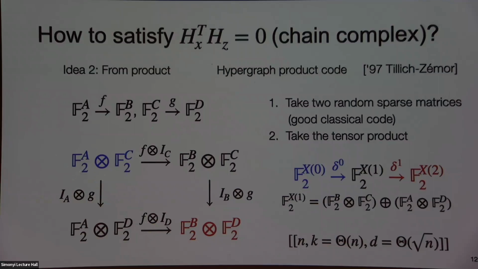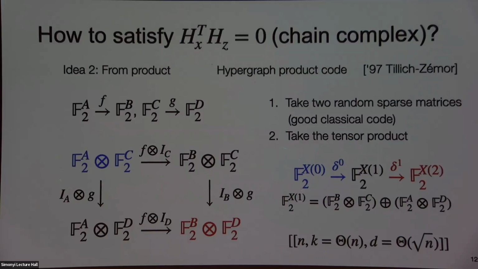But what's x0 and x2? So this x0, this F2 to x0, this vector space is exactly this vector space, the same vector space. So x0 we can think of as A times C. That's exactly the vertices.